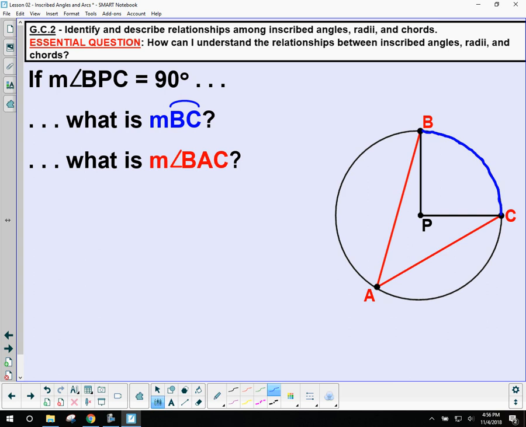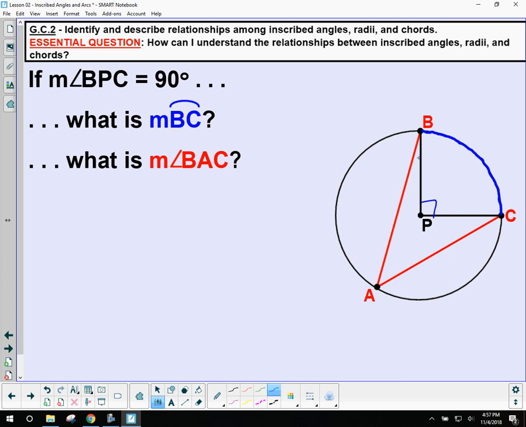Fun fact, if the measure of angle BPC is 90 degrees, what is arc BC and angle BAC? Go ahead and give it some thought real quick. Alright, we're back.